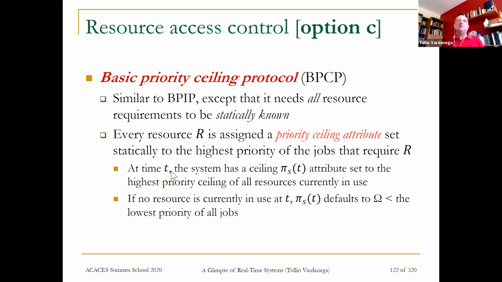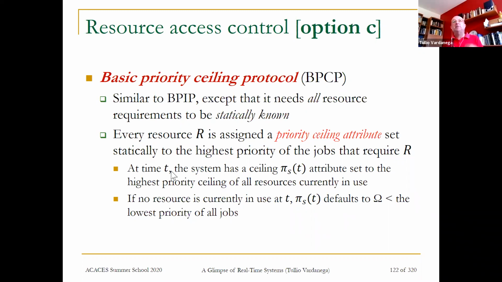And what do they do? They say, well, imagine now that we add a control variable in the application controlled by the real-time operating system. And this control variable, we call it system ceiling. The system ceiling monitors and becomes equal to an attribute which is attached to every shared resource.